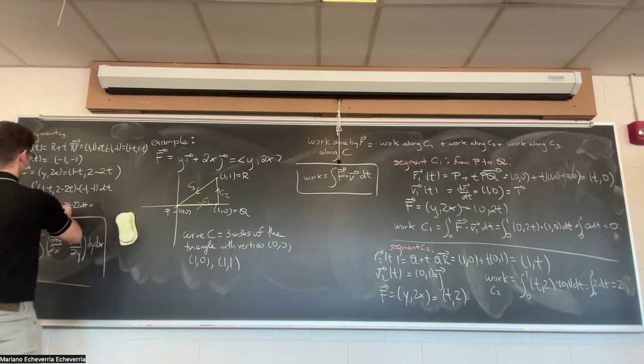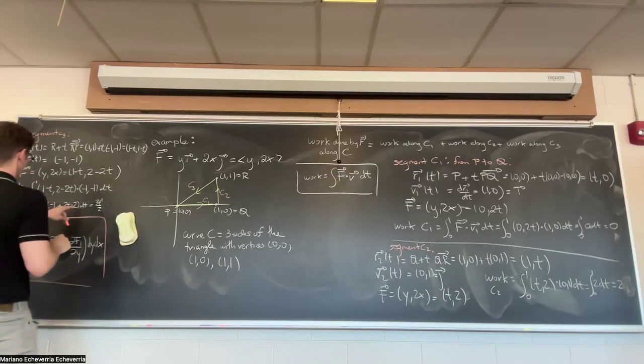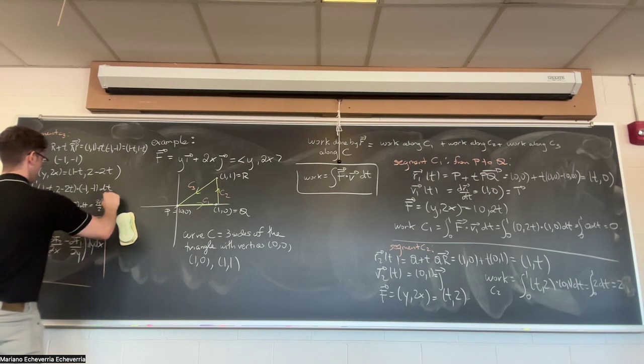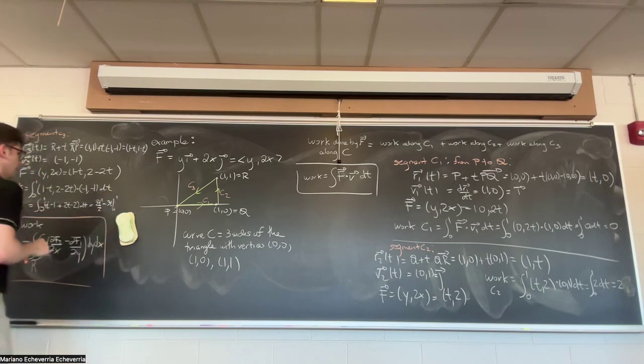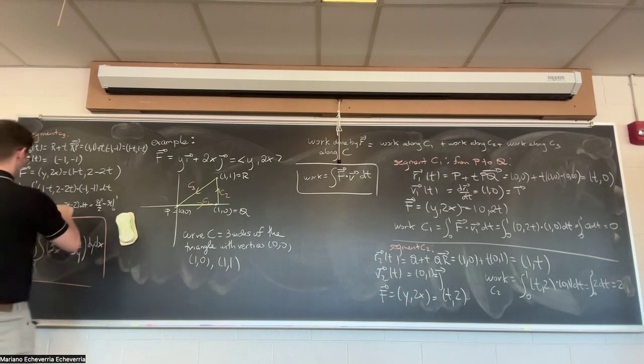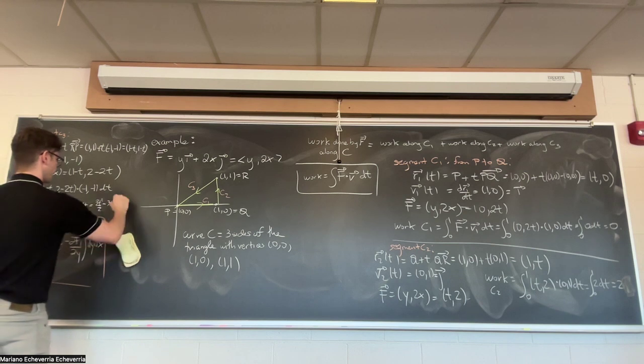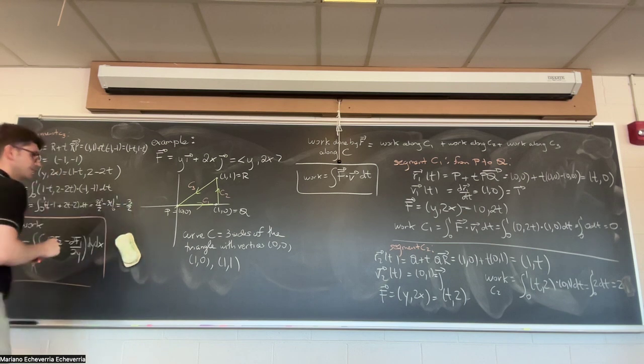This gives you 3t minus 3, so you get 3t squared over 2 minus 3t, from 0 to 1. Okay, and that gives you 3 halves minus 3, so it's minus 3 halves.